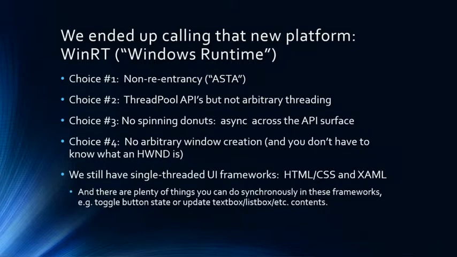Choice number 1, non-reentrancy. That's the OSTA. We'll talk about that. Choice number 2 was the thread pool that we talked about. Choice number 3 was async in a very large number of places. We'll cover that in a little bit. And choice number 4 was no arbitrary HWND creation. So windows only come about as a result of contract activations. And then we brought two existing well-known UI frameworks to the system.